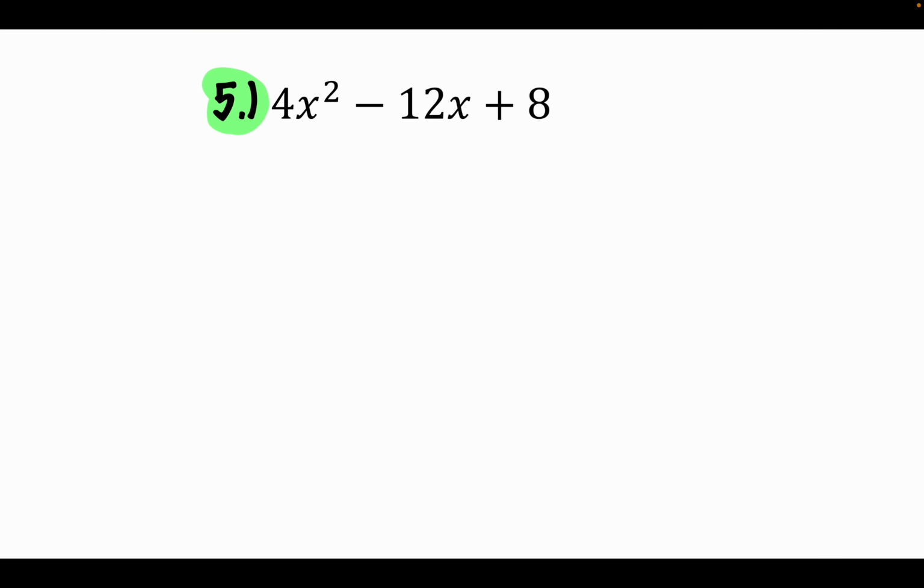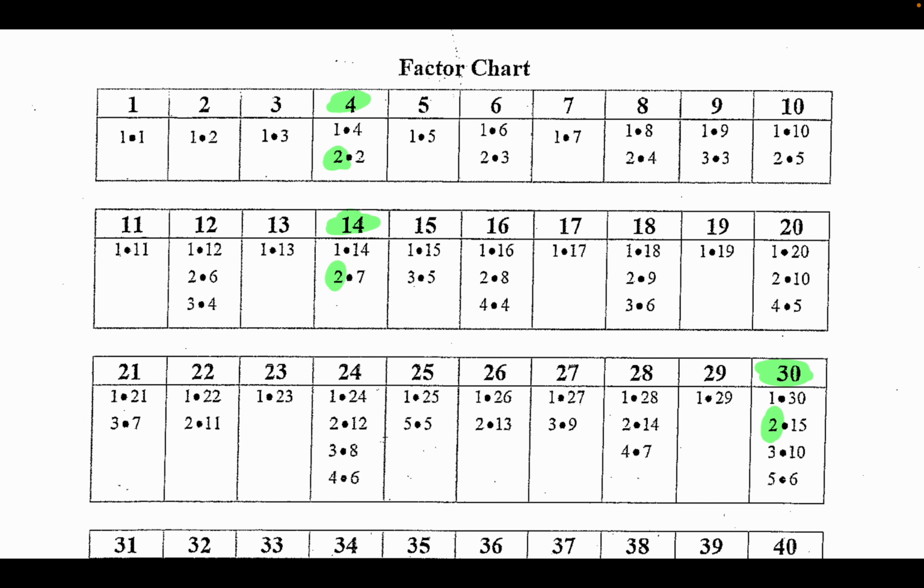Okay, last one. We have 4x squared minus 12x plus 8. So let's go to our factor chart. So we have 4, 12, and 8. So all of these have a 2. But is that greatest?